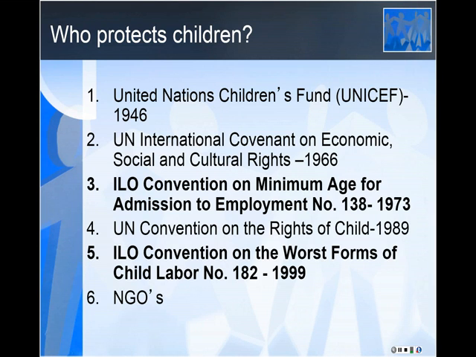This convention, number 5 here, applies to children under the age of 18 and seeks to prohibit and eliminate all forms of child labor that resemble slavery, such as child slaves, forced labor, trafficking, debt bondage and serfdom, prostitution, pornography, and forms of work that harm the health, safety, and morals of the child.